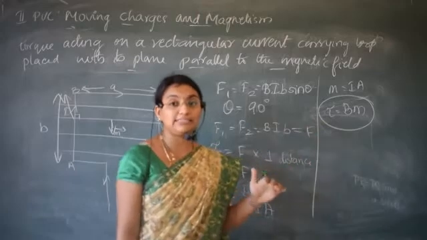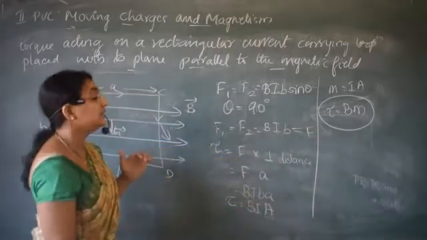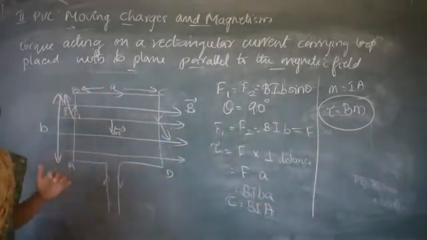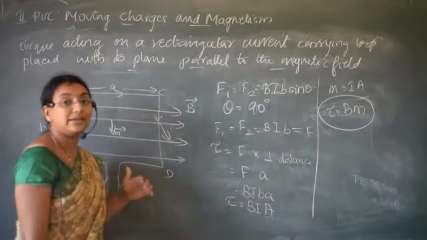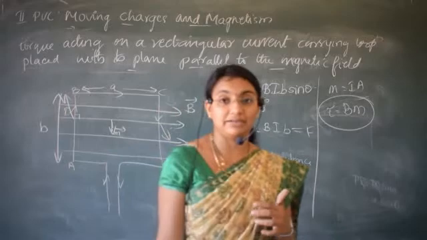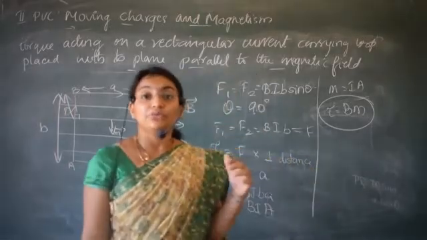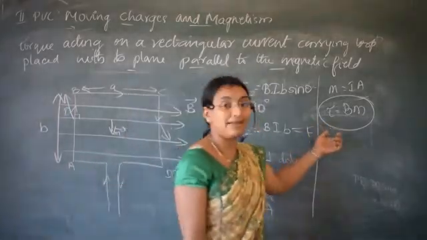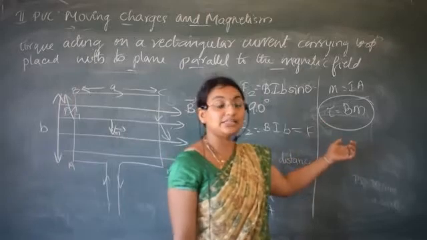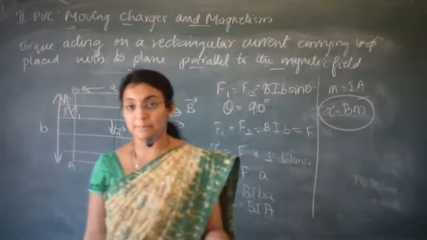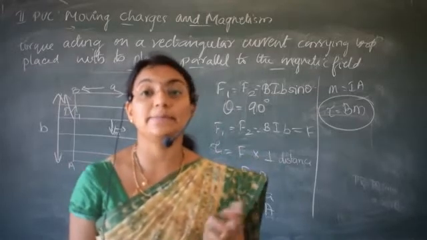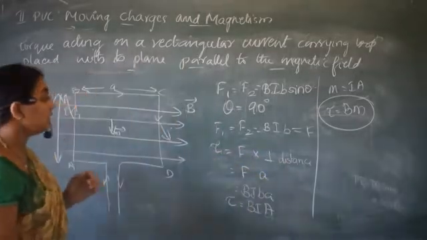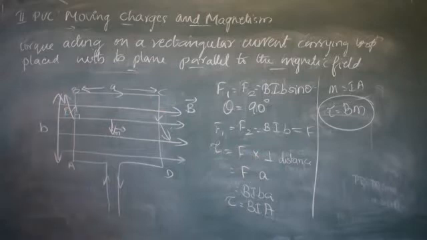If it is not placed parallel, then tau is equal to MB sin theta, or tau vector is equal to M vector cross B vector. Understood? So there is a small change for parallel and not parallel. If it is parallel, that is just BM or MB, whereas if it is not parallel, then it is MB sin theta. Okay, shall I move further?